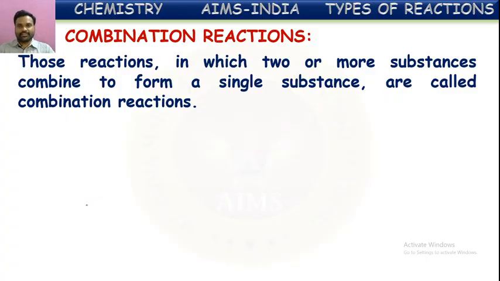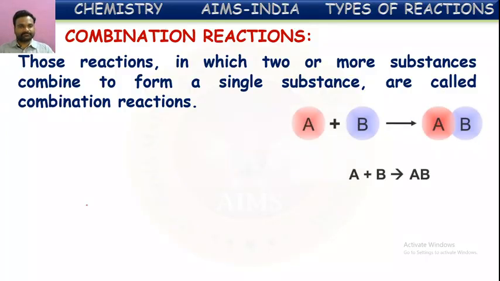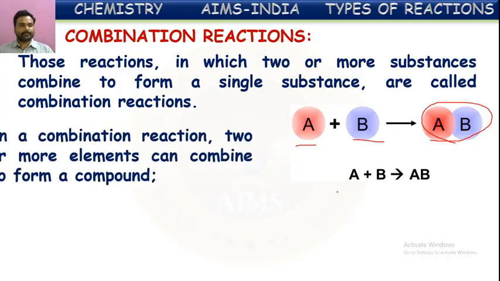For example, A is a chemical substance and B is a chemical substance. These two combine to form a new compound AB. So here two substances combined to form a new substance. Such reactions are called combination reactions.